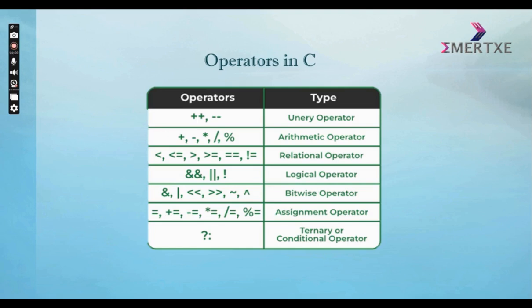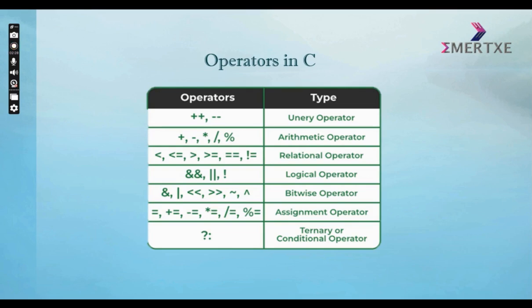Binary operators require two operands and are further divided into arithmetic operators, relational operators, logical operators, bitwise operators. The arithmetic operators are used to perform basic mathematical operations like addition, subtraction, multiplication, division, and modulus.